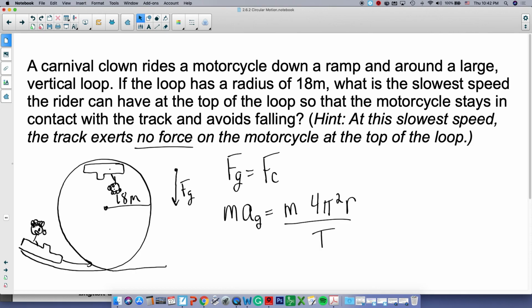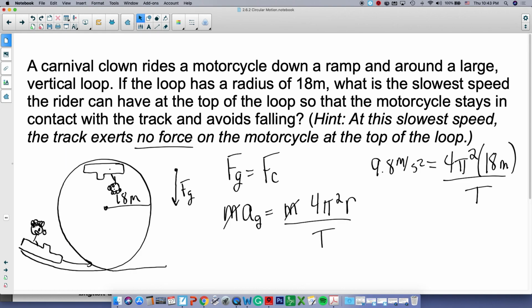Okay, so you can see that that mass will cancel out when I set those two equal to each other. So let's put the numbers in here. 9.8 meters per second squared, that's my acceleration due to gravity. And then we have 4 pi squared. My radius is 18 meters.